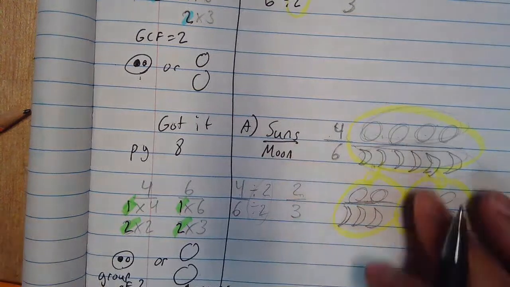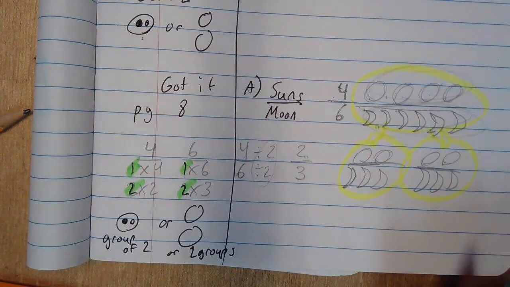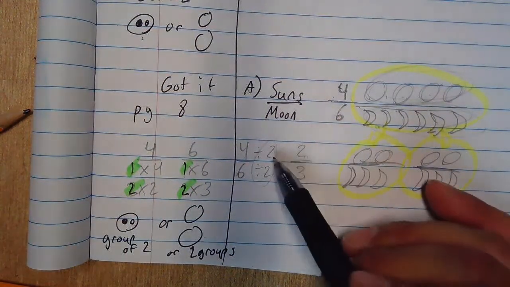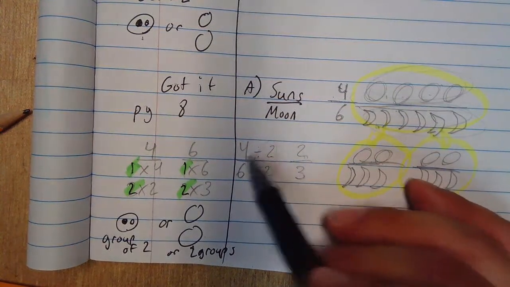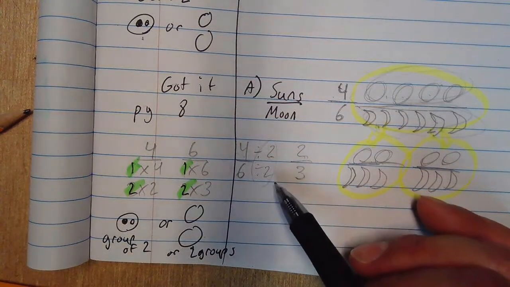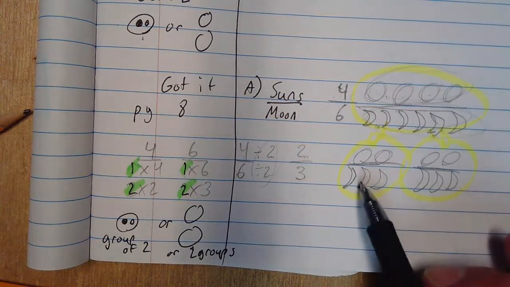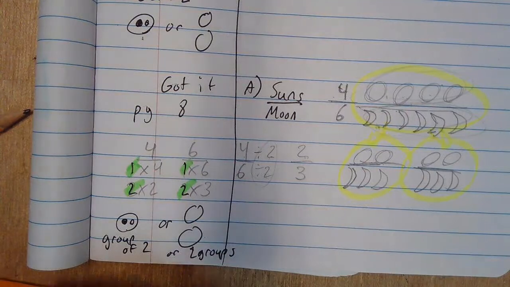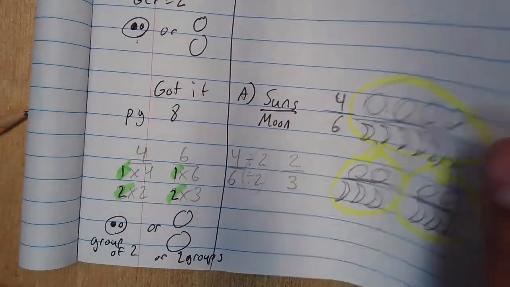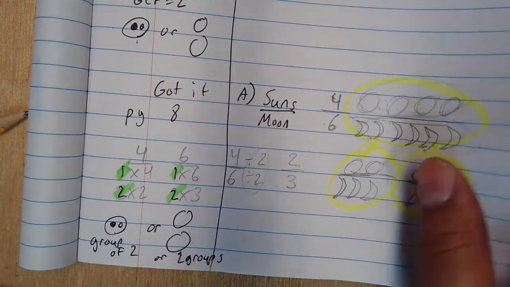Oof, a little sloppy there, but you get the idea. All right? That's literally what you're doing. When you're dividing, you're saying, I have one big group, I want to break this up into smaller groups. And that's what we did. We broke up the 4, we broke up the 6, and there you go. All right. This leads us to goal number 2.